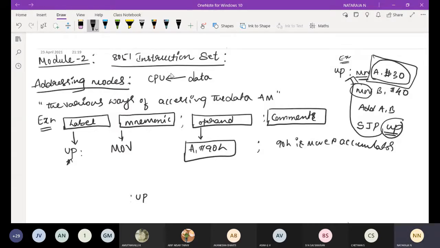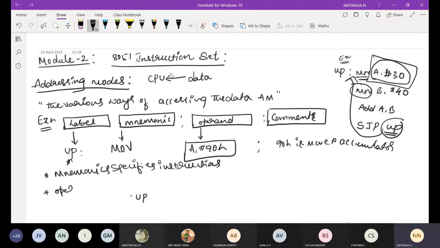Okay, then we'll discuss what exactly the mnemonic is. Make a note of this. Mnemonic specifies instructions. First point. Next, operand.